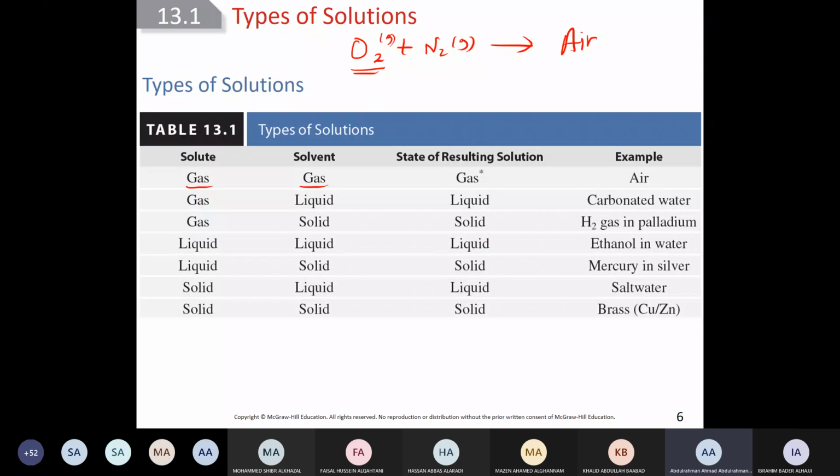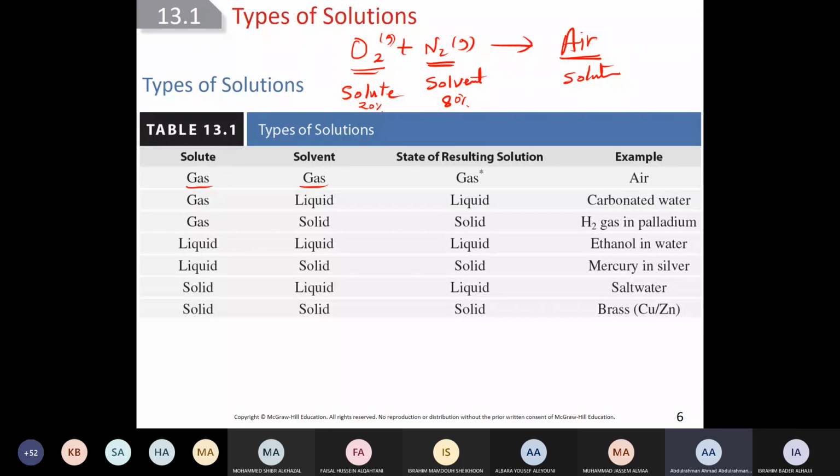The majority of air is not O2. O2 is the solute, because it's less than nitrogen in the air, about 20%. The nitrogen is about 80%, so it is the solvent. And what's the air? Solution. Is this clear?